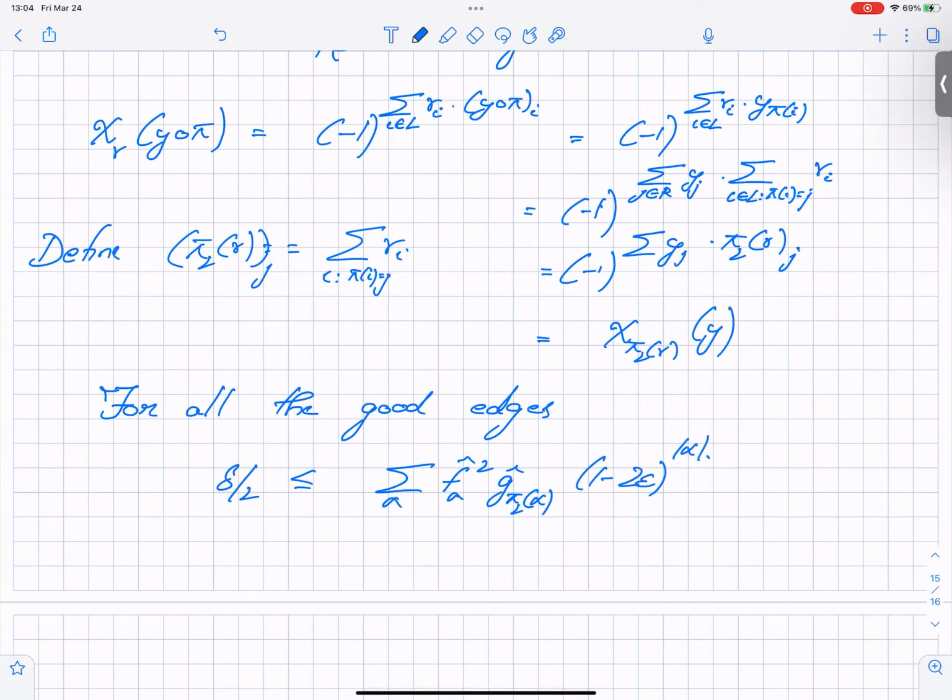Is that fine? So if a test passes with probability 1 plus delta by 2, this is what we have.